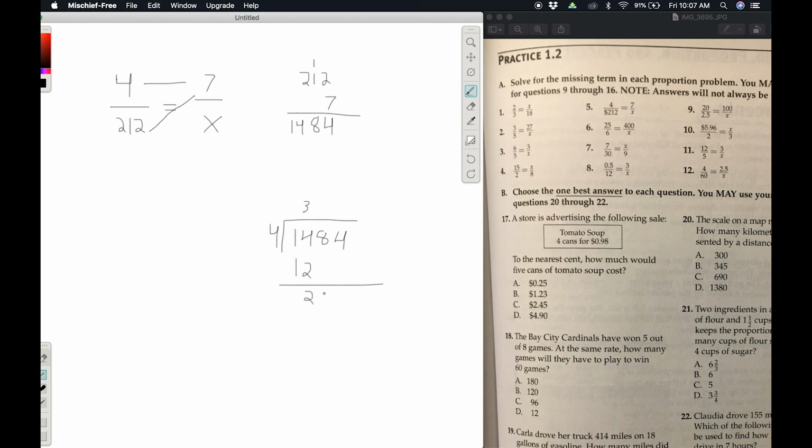No, so bring down the 8. 4 goes into 28 7 times, because 7 times 4 is 28. 28 minus 28 is 0. 4 goes into 0? No, it does not. So we need to bring down this 4 here. 4 goes into 4 one time. 1 times 4 is 4, and we have 0 remainder. So that is your answer, 371 for number 5.